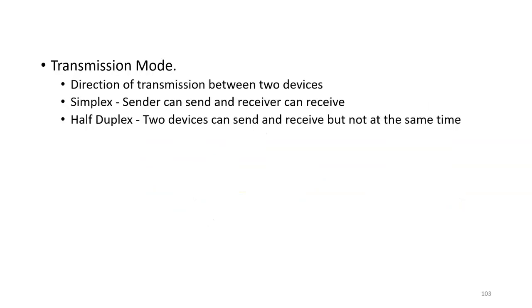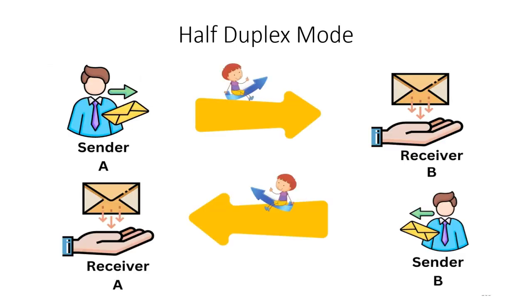Next one is half duplex mode. In this case, two devices can send and receive data but not at the same time. In this diagram, you can say that sender A, that is system A, sends data to system B, that is receiver, at time t1, and B, that is now sender, sends data to A, which is now receiver, at time t2.